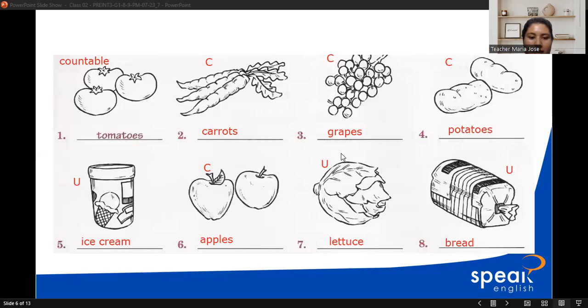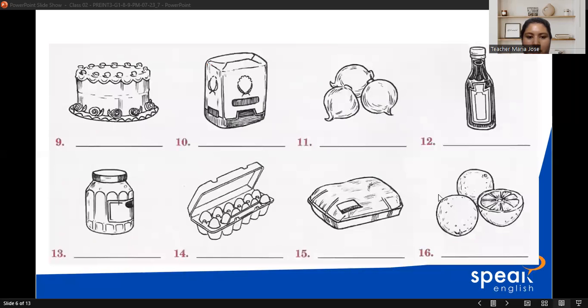Okay, you have the vocabulary in the chat, so we can continue. Okay, let's continue with more vocabulary.